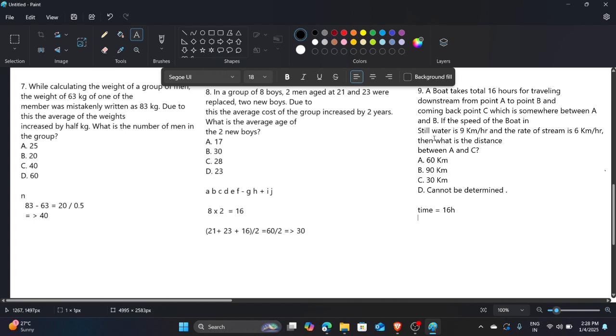If the speed of the boat in still water is 9. Okay, so 9 is the still water speed.